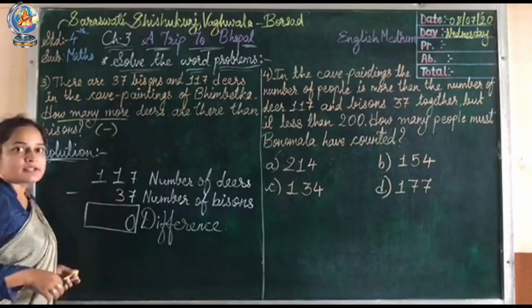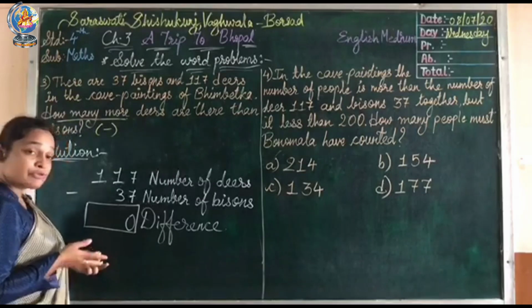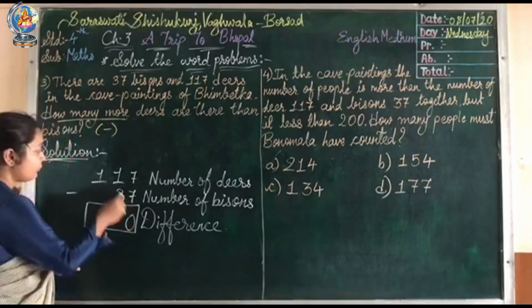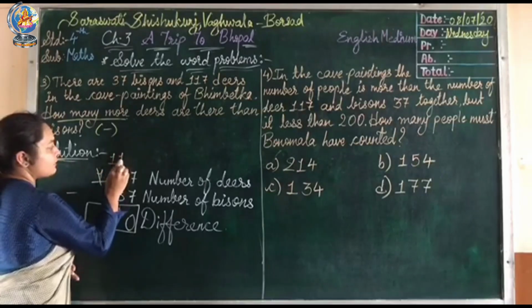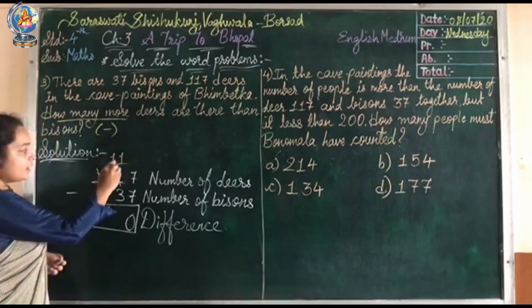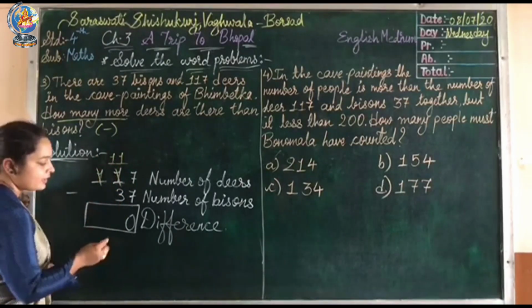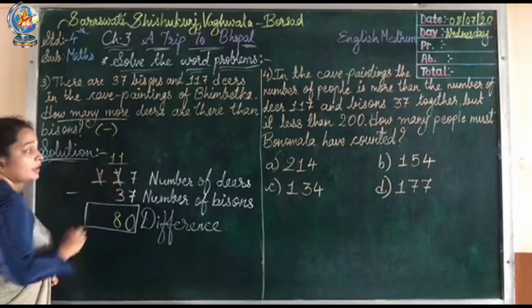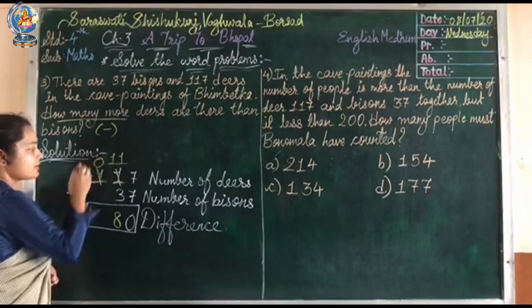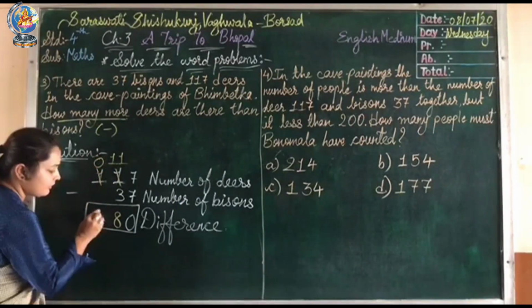7 minus 3, it's not possible. So what do we have to do? We have to do borrowing here. We will take 1 ten over here with this one, it will become 11. Fine. So 11 minus 3, 8. We had given this one over here. So how much remains here? 0. So it will remain here.